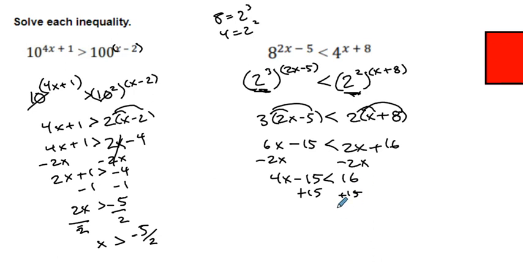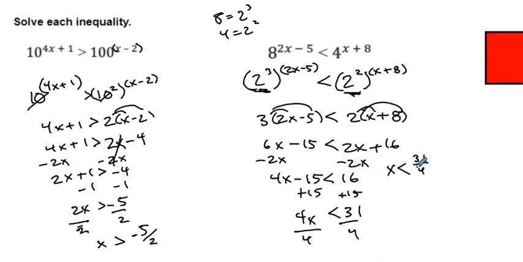All right, so that is going to give you 31. This is going to be a charming problem. And you get 4x, and then we will divide both sides by 4, right? And so you are going to get this lovely statement that says that x is less than or equal to 31/4, which is just a little less than 8, right? 8 is 32/4, so this would be 7 3/4.